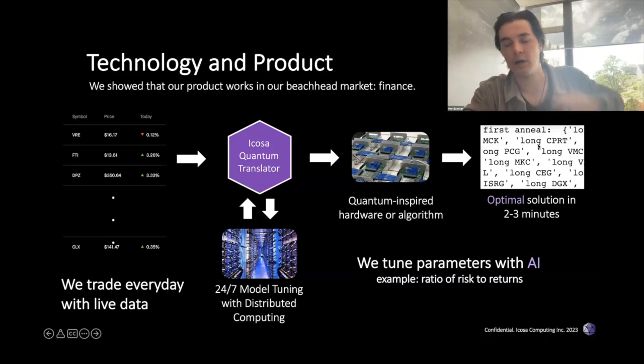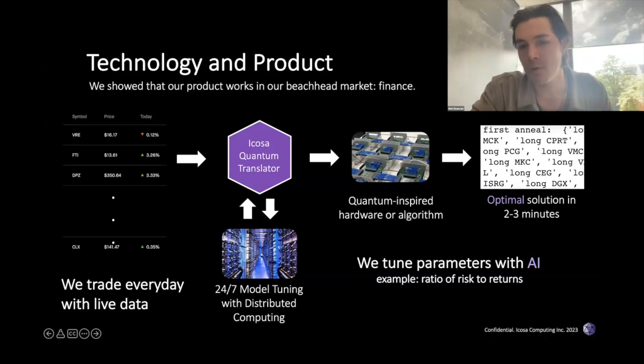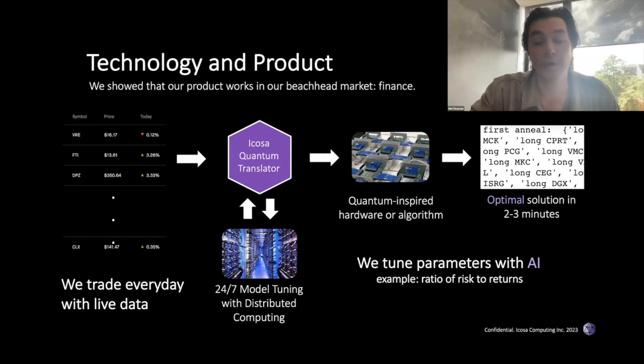I think this is an anneal or long portfolio that we did a few days ago. What's important here is we tune the parameters with artificial intelligence or machine learning. So we have 24/7 tests running to test out what could have happened back then in the past, so that we train our model so that it can predict a valuable solution for the future.